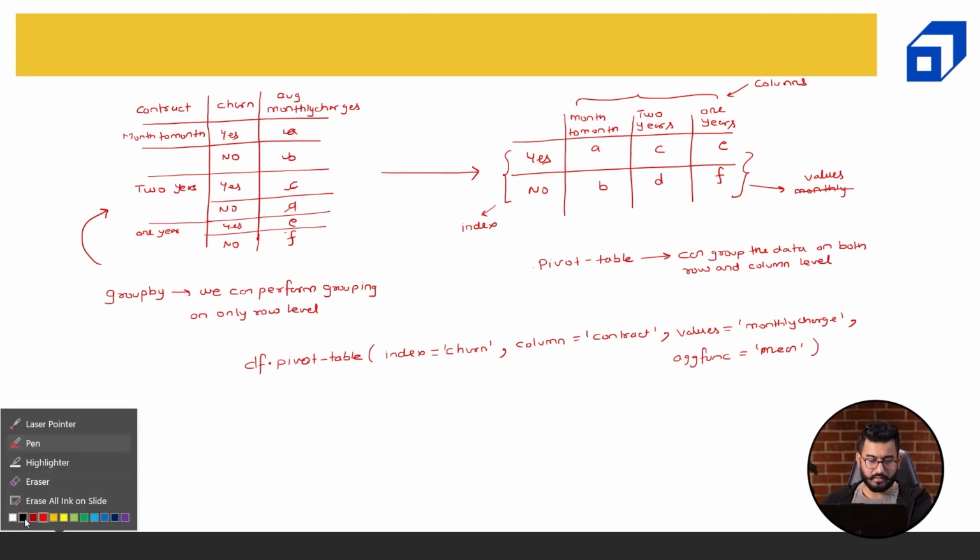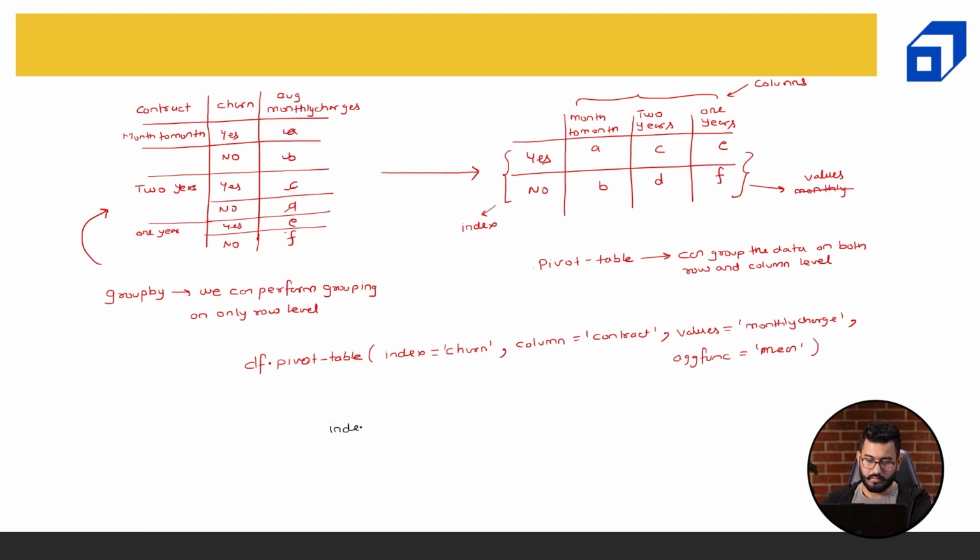So pivot table takes 4 inputs. Number one, index. So what you want to keep on your rows, the row column. Then we have columns, what you want to keep on your column level. Then values, with which column we need to fill the table.